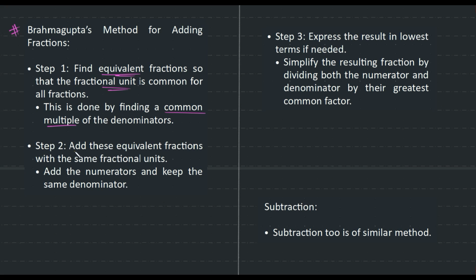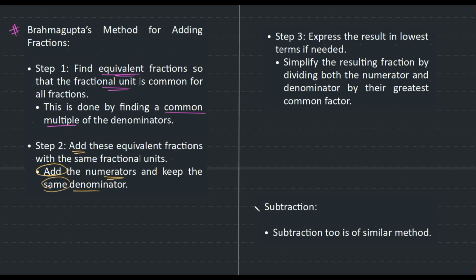Then once we have that, add the equivalent fractions with the same fractional units, that is, add the numerators and keep the same denominator. Then finally express the result in the lowest term if need be. So simplify by dividing with the common factor between the numerator and denominator, whatever is the greatest common factor, divide it with that. So we have done all of this.